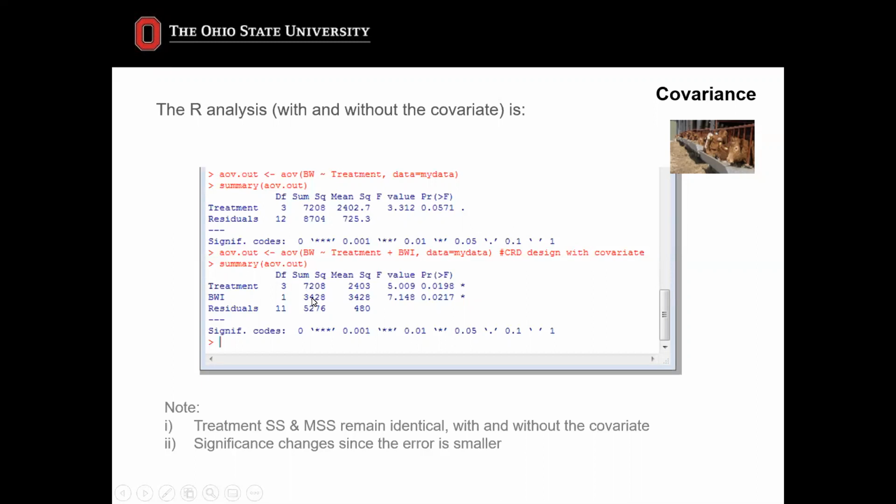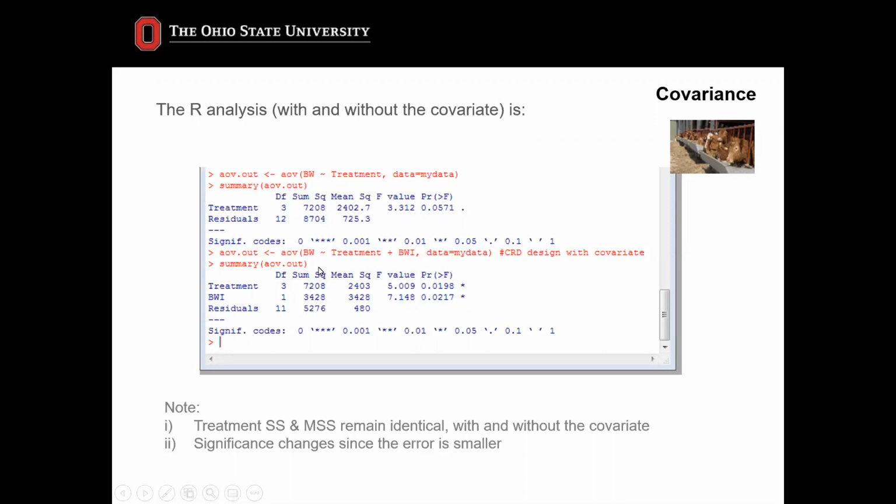And because the body weight had been balanced across the treatments, the mean treatment effect in this particular case is absolutely identical, sum of squares of 7208.